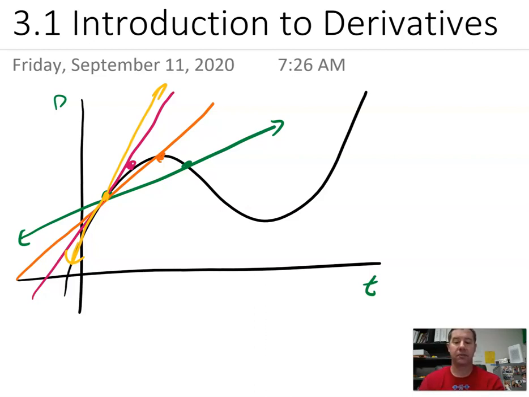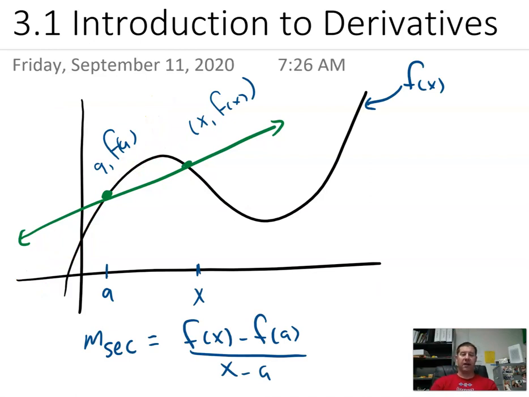Let me refresh. I kind of went back a little bit, and we're looking just at our secant line now. We have our function f of x, and we're looking at 2 points. One point, the x-coordinate is at a, and then we're calling this other point at some other x that's beyond a, where x is greater than a.